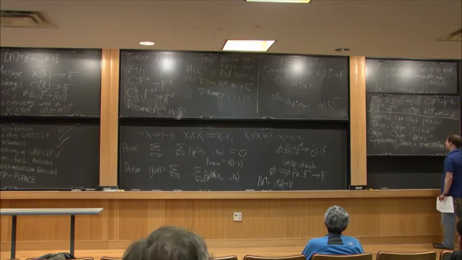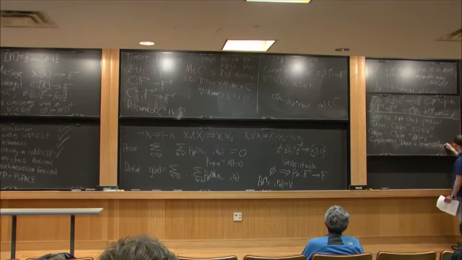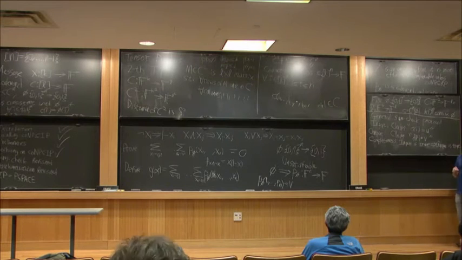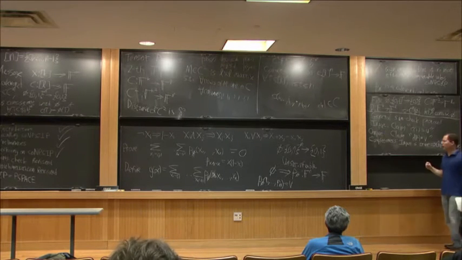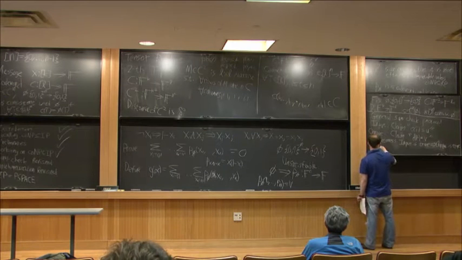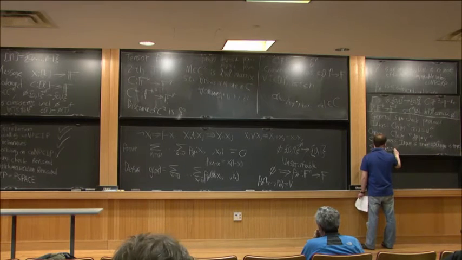So the completeness property will be that if the input claim is true, then the output claim is true, if the prover is honest, and in this case the prover has no incentive to cheat.